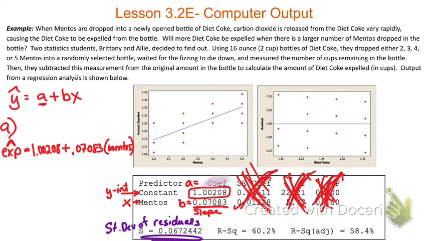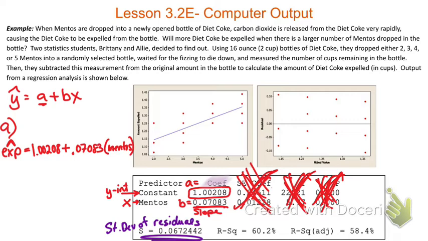This is how far from the line our predictions will typically vary. The standard deviation of residuals is in terms of whatever units the y variable is using. Our y variable here was using cups. So this is how many cups our predictions will typically vary by.